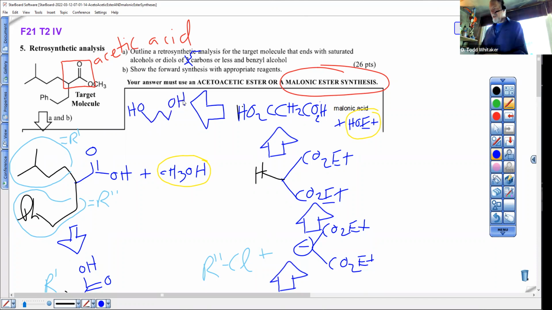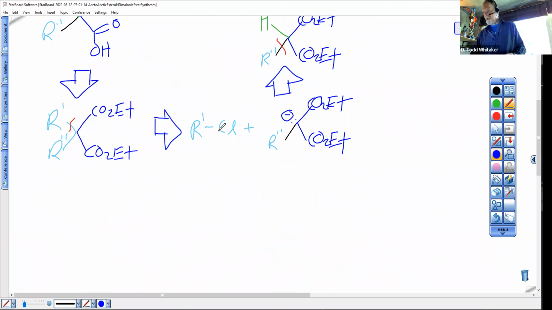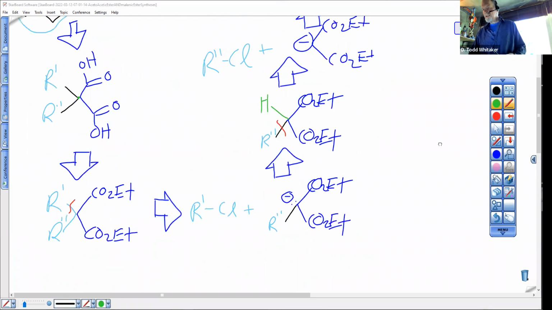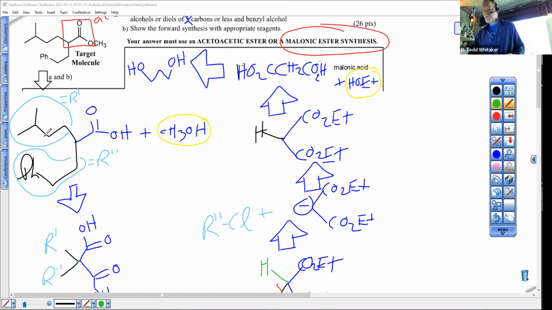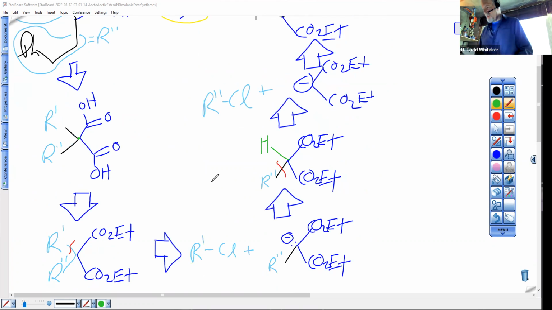And where do acid halides come from? R prime Cl is here. And it's a 5-carbon unit. If you look carefully, 1, 2, 3, 4, 5. So you are one step away from done on that one. That came from R prime OH.